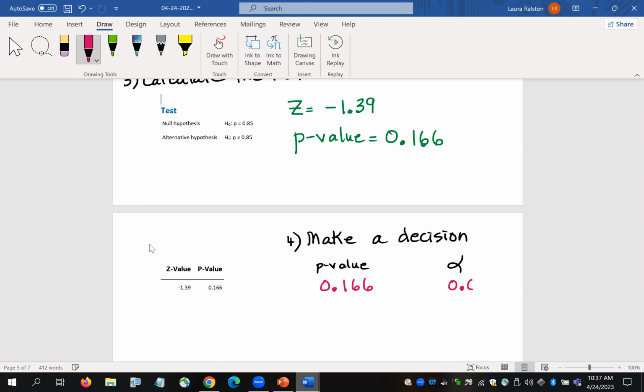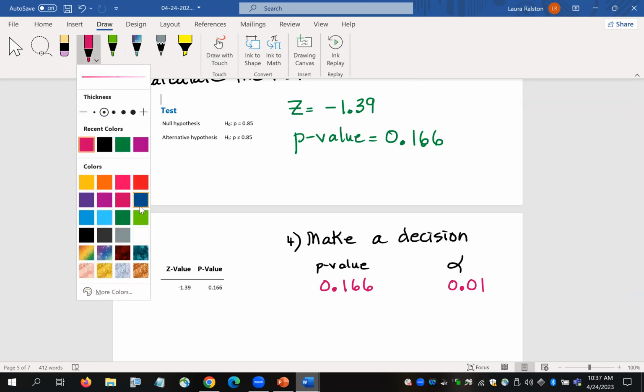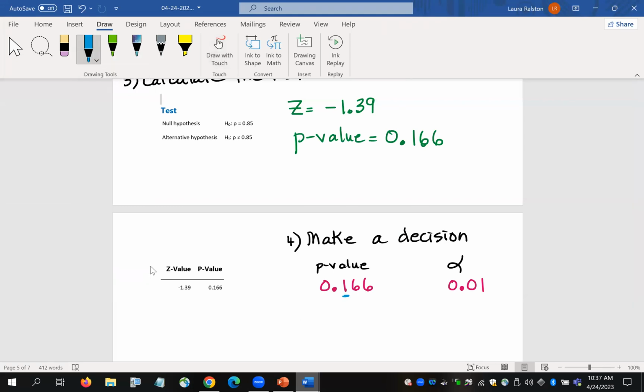Alpha is 0.01. Making that comparison. First number after the decimal for the p-value is a 1, for the alpha is a 0. 1 is greater than 0, so p is greater than alpha.